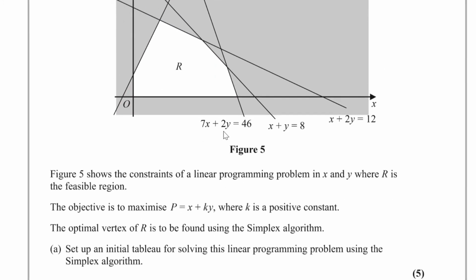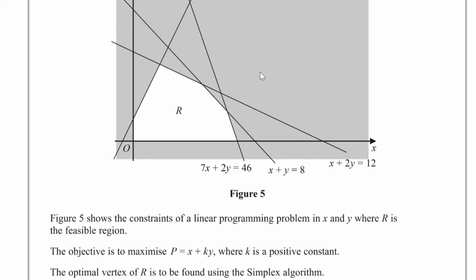If I take a look at the 7x plus 2y equaling 46, if we rearrange this so we have y equals minus 7 over 2x plus 23.